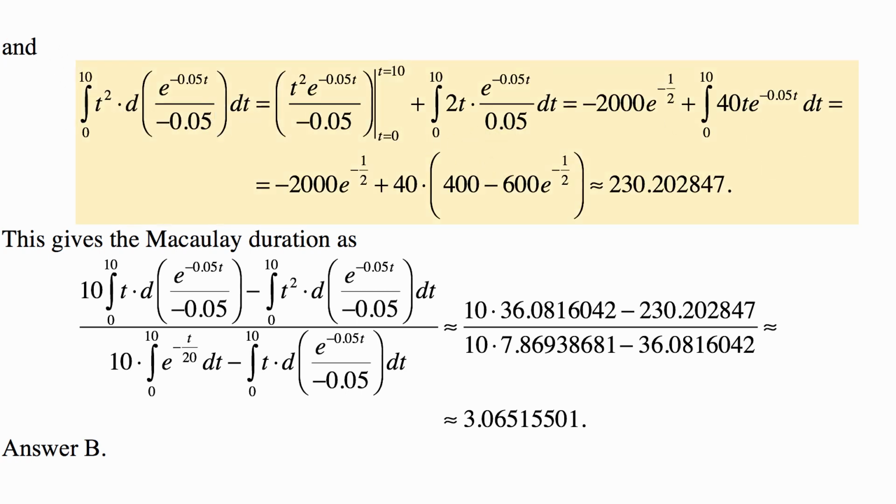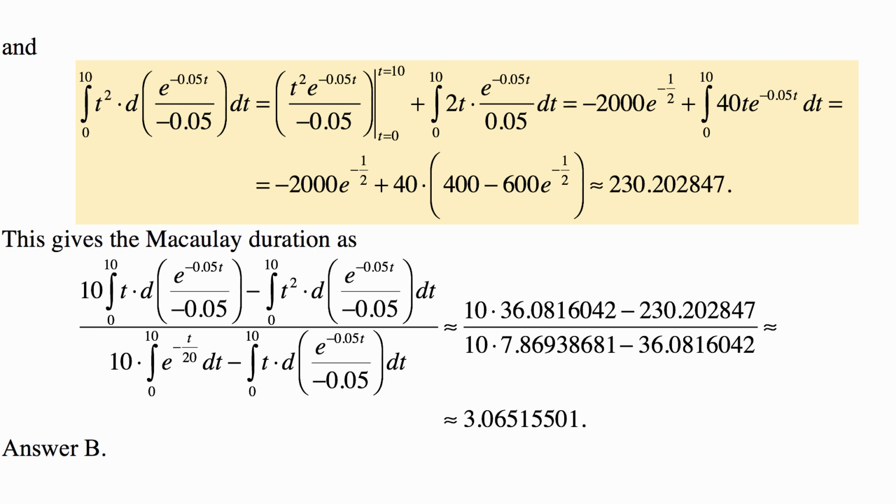Then we do the same kind of integration by parts for the integral from 0 to 10 of t squared times the differential of e to the minus 0.05 t divided by negative 0.05. We have u times v equal to t squared times the expression whose differential we have, evaluated from 0 to 10, plus the integral from 0 to 10 of 2t, which is the derivative of t squared, times e to the minus 0.05 t over 0.05; the minus cancelled out with the minus that was in front of the integral.